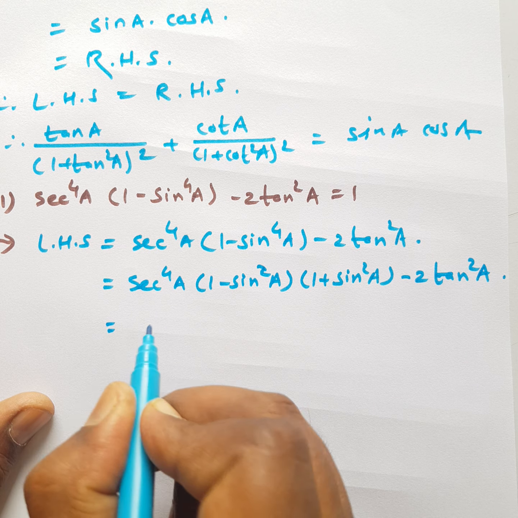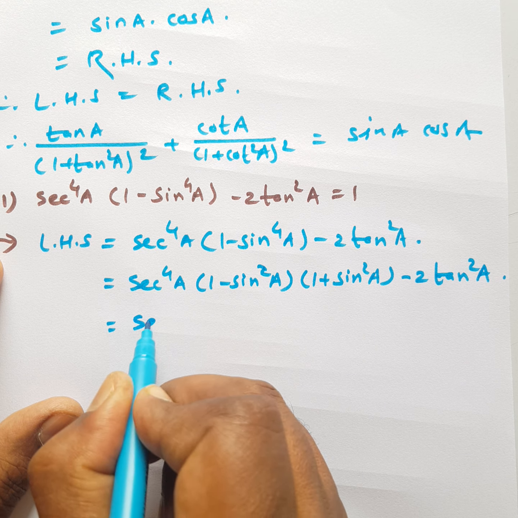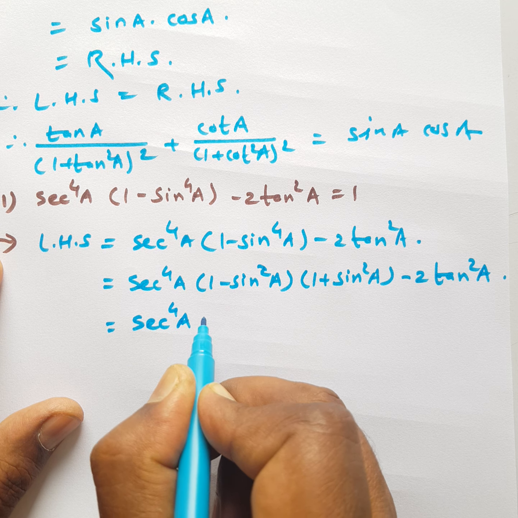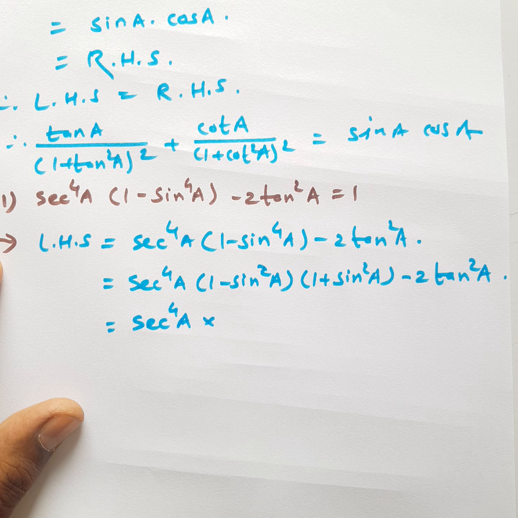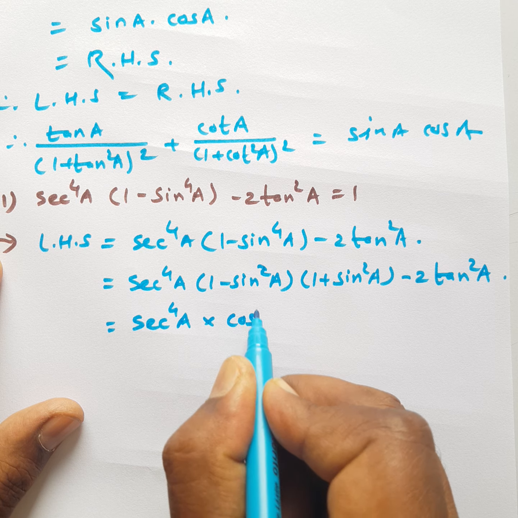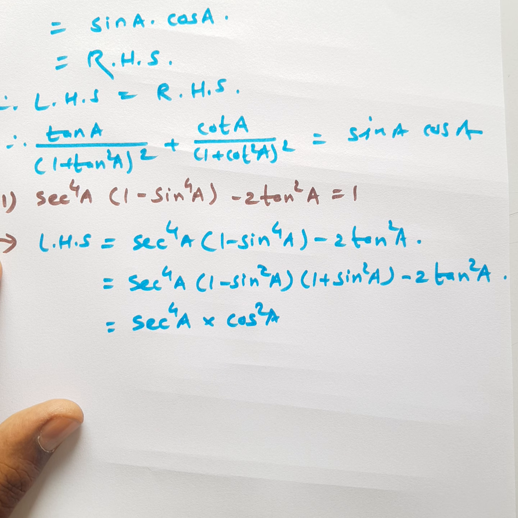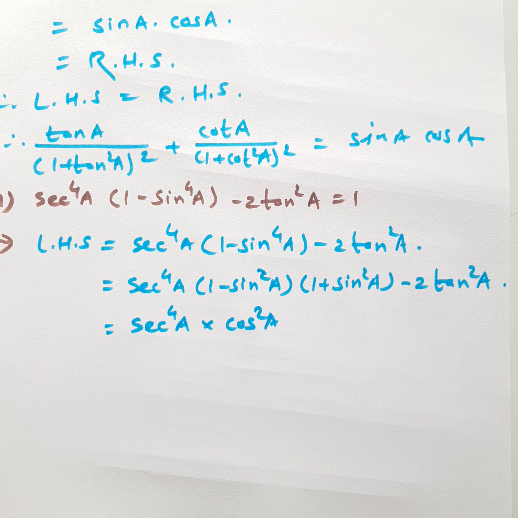Here 1 minus sin square A is cos square A. We know sin square A plus cos square A is equal to 1.